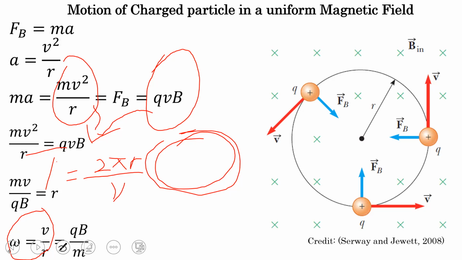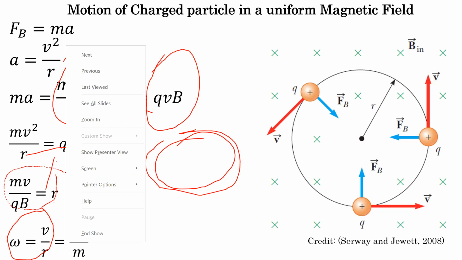So we know R, we know B, it's a proton, we know its mass, right? And it's also a proton, we know its charge. So we know the charge, we know the mass, then using this expression, mv over qB equal to r, we know everything except v.